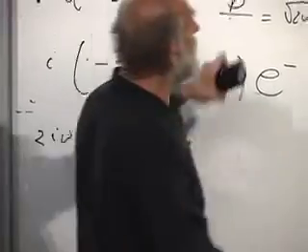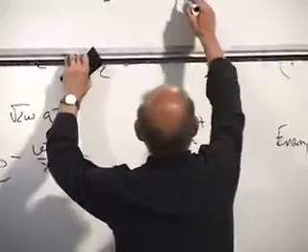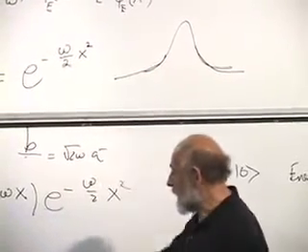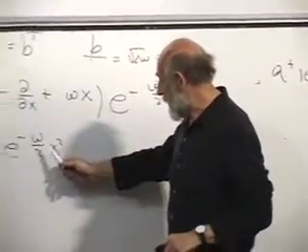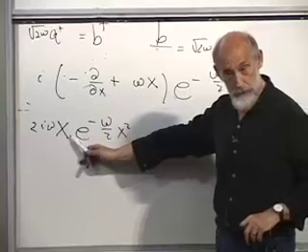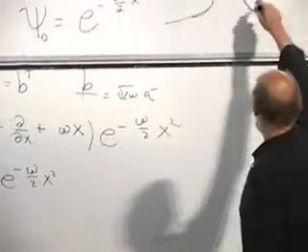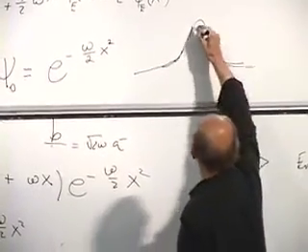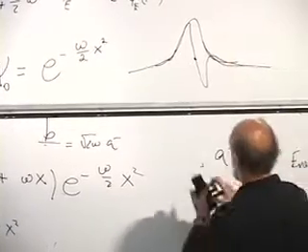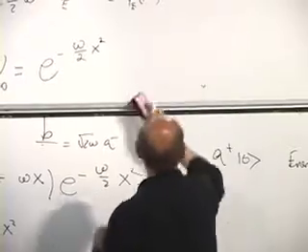That's a function which asymptotically still goes to 0. E to the minus omega over 2 x squared goes to 0 much faster than x grows. So it still goes very quickly to 0, but now it has a 0 in the middle. Let me draw it better.